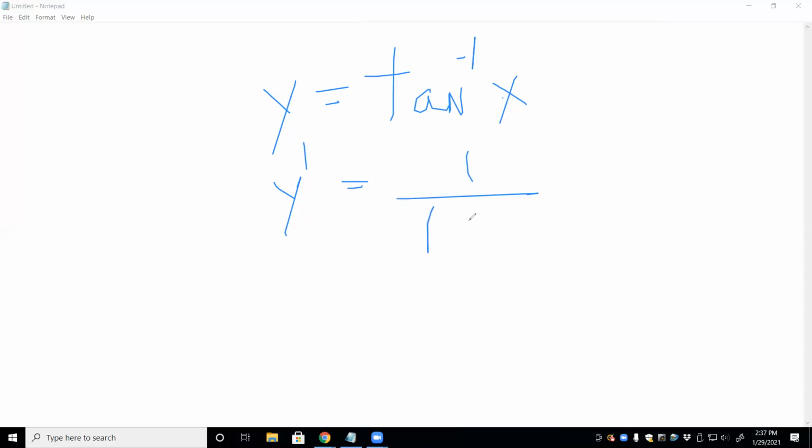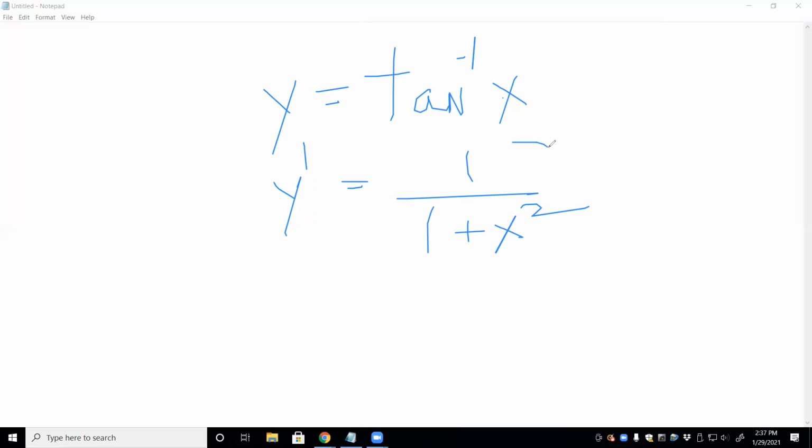For example, if my function is inverse tan of x, y prime is 1 over 1 plus x squared, oddly enough. When you take a derivative of an inverse trig function, you get an algebraic answer.